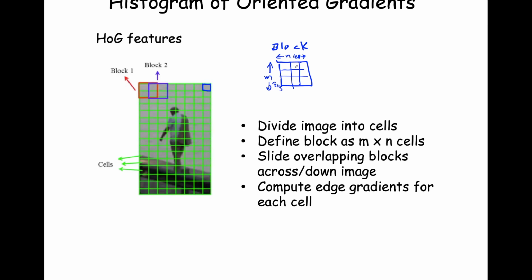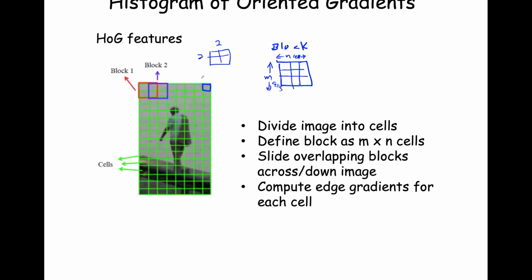So a block is composed of m by n cells. In this particular case, the red block is just 2 by 2. It's 2 rows of cells by 2 columns of cells. So we have our image divided into cells, and we define a block as m by n cells.